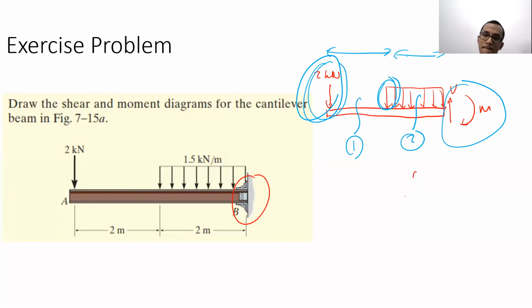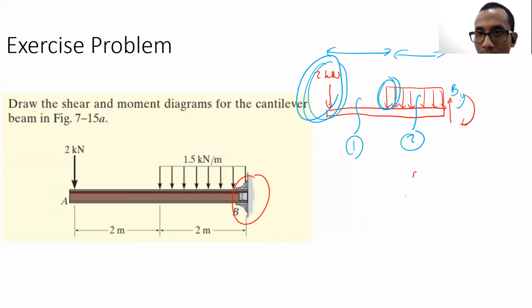Yes, sir. So all the parts can be calculated. Yes. So now we need 2 sections there. But before that, we have to calculate the value of, sorry, this one is not V and M, but By and the moment at B. Before doing the section, we have to find out all the external forces first, right?